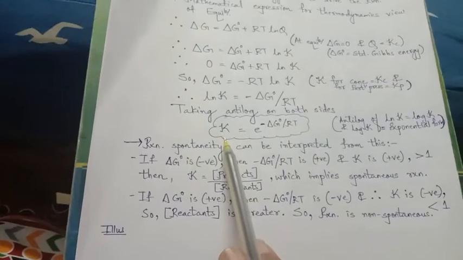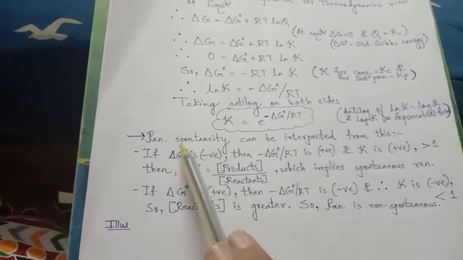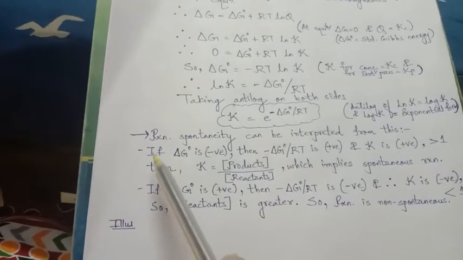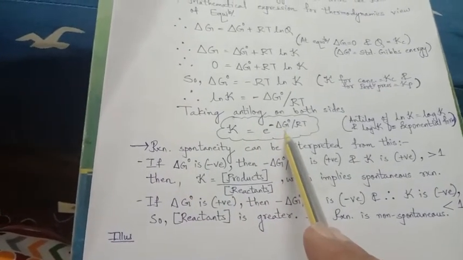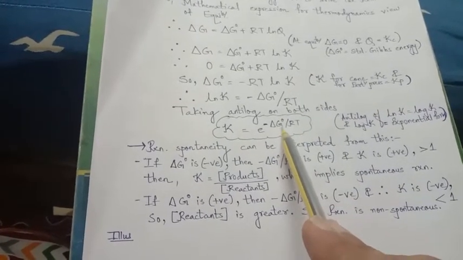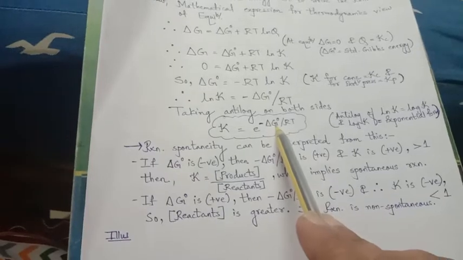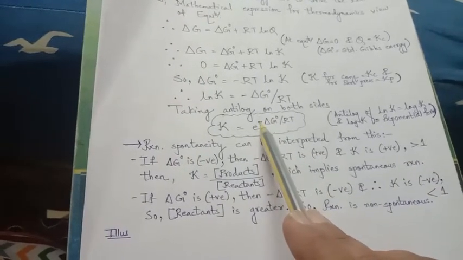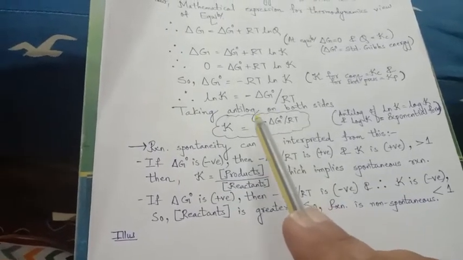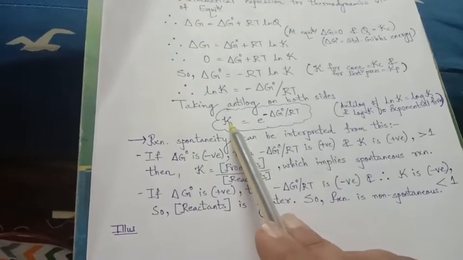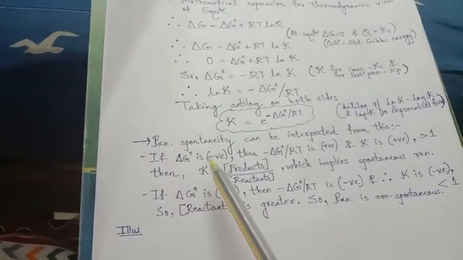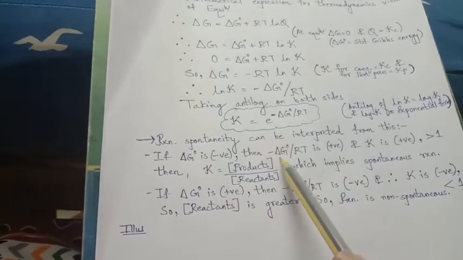Here also certain conditions are there. Reaction spontaneity can be interpreted as follows. First, if delta G degree, that is delta G naught, is negative, then minus delta G degree by RT is positive, and due to that K will also be positive.